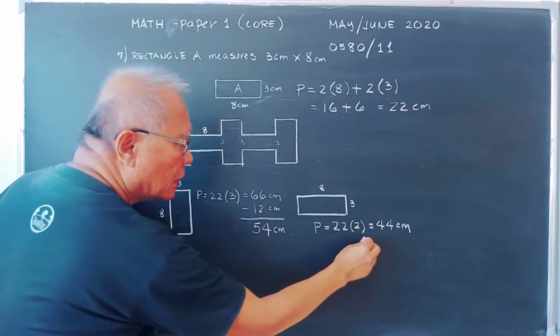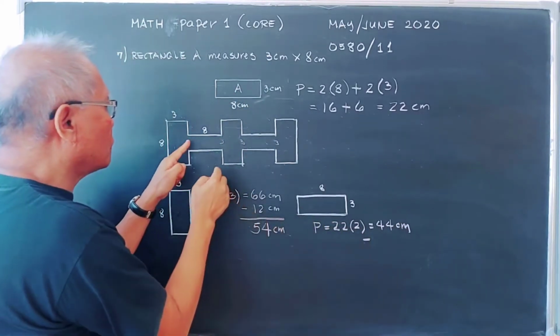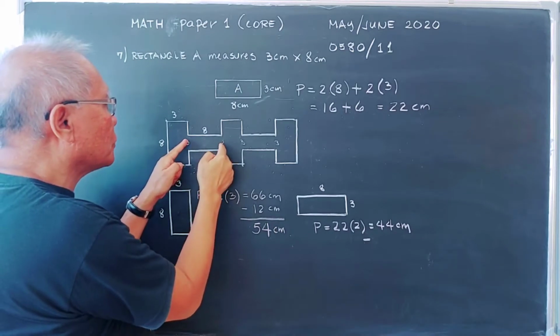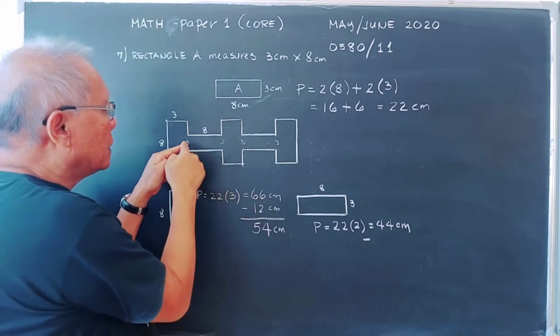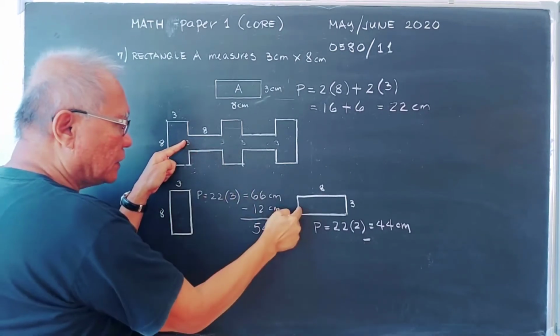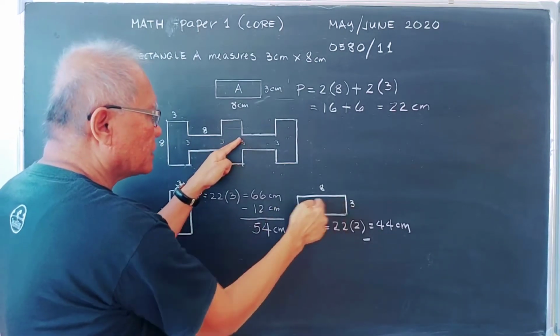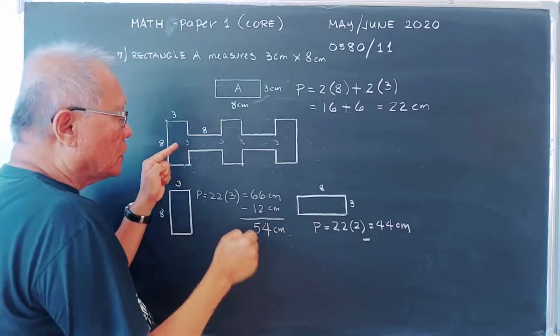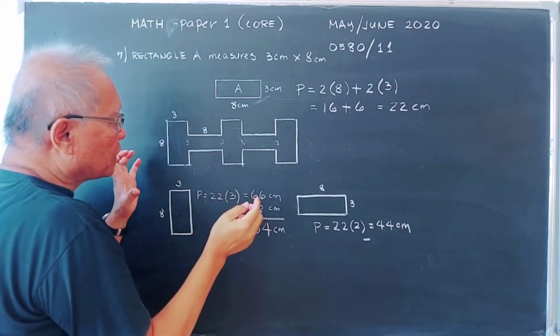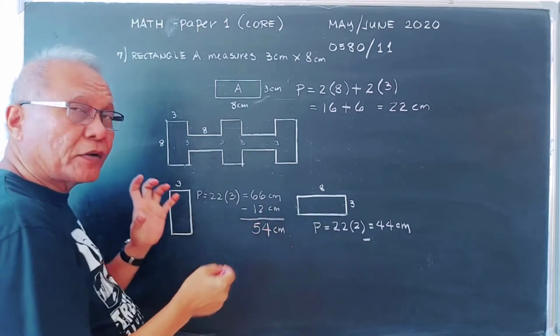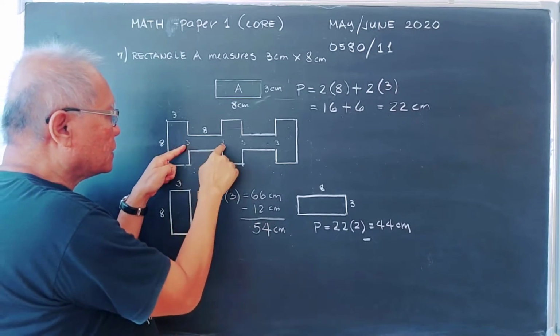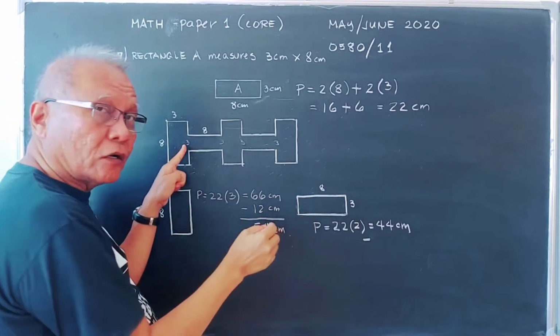But because of this, we are also going to subtract. One here, this one, and on the other side this one also and that one. What is the measure of the total length that we are going to subtract? We have 3, 6, and it's also 12.